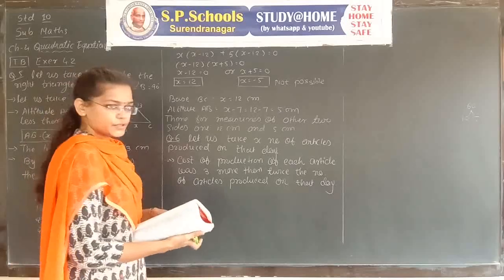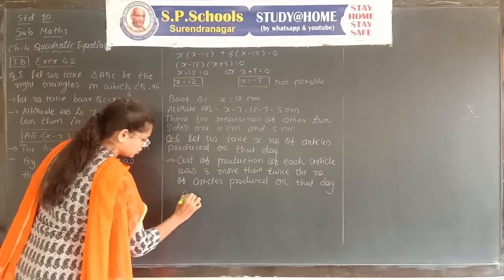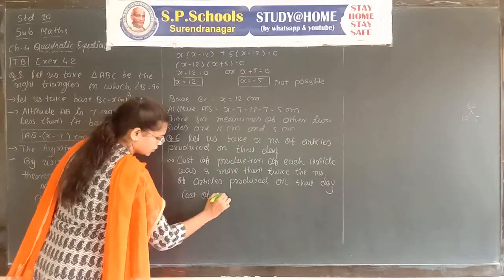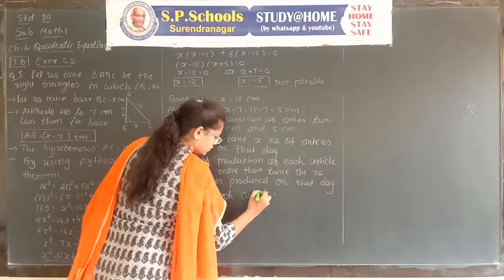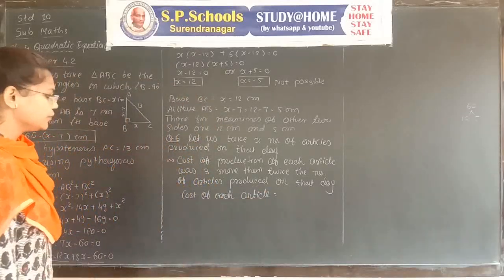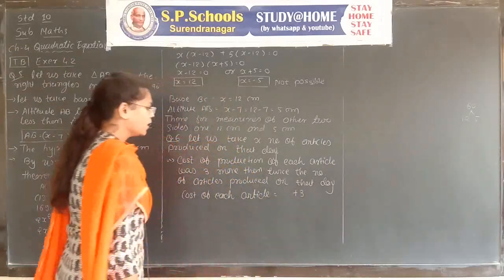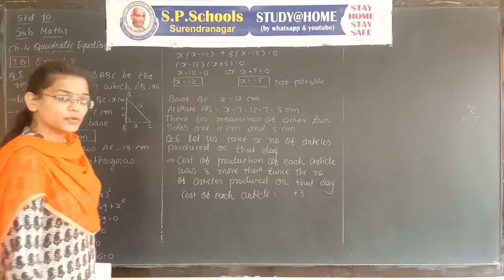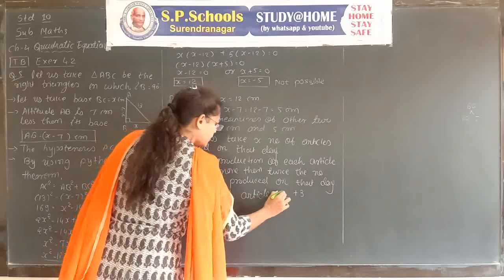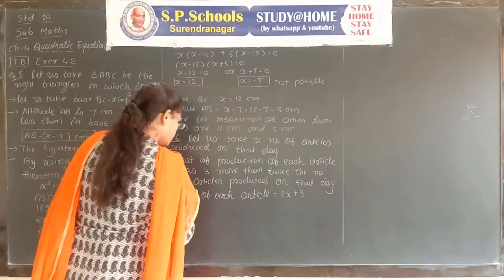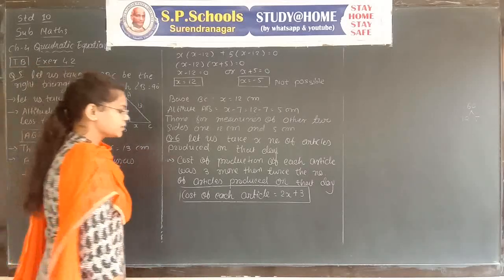From this sentence we obtain the cost of each article: 3 more, meaning plus 3, then twice the number of articles produced on that day. The number of articles is x, twice means 2x. So the cost of each article is 2x plus 3 rupees.